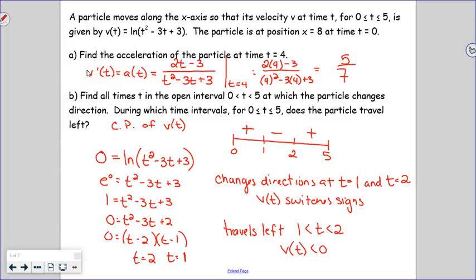Because at 1, it should be stopped for a tiny moment, so I would not put that at equals. Because if they had asked me when is it stopped, I would have answered at time equals 1. Other questions?